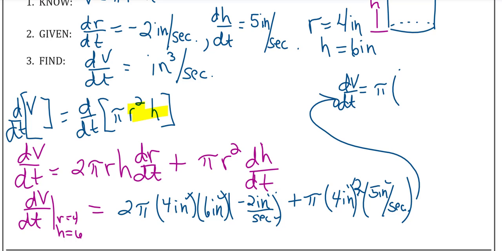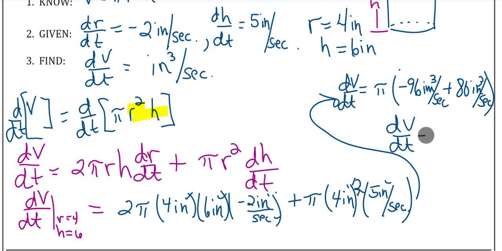So I'm going to have negative 96 cubic inches per second plus, and I have 16 times 5, which is 80. So my final answer, dV/dt, is going to be negative 16 pi cubic inches per second.